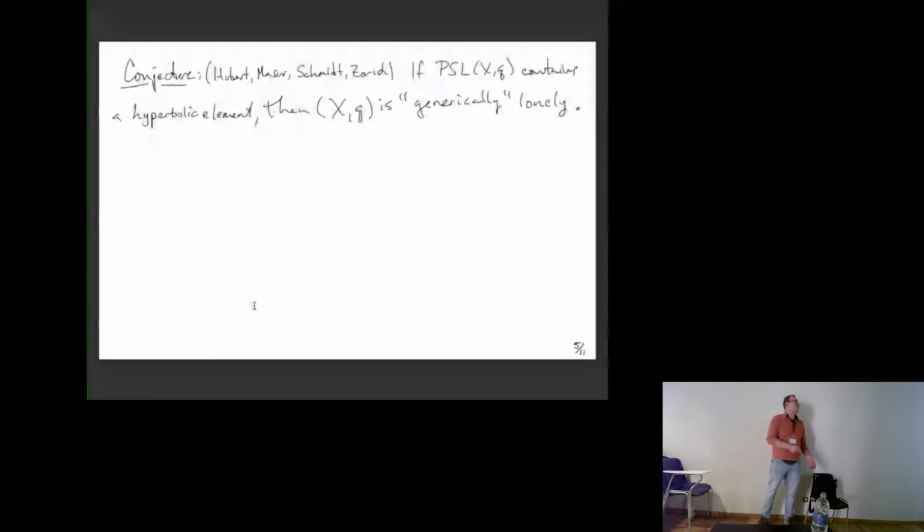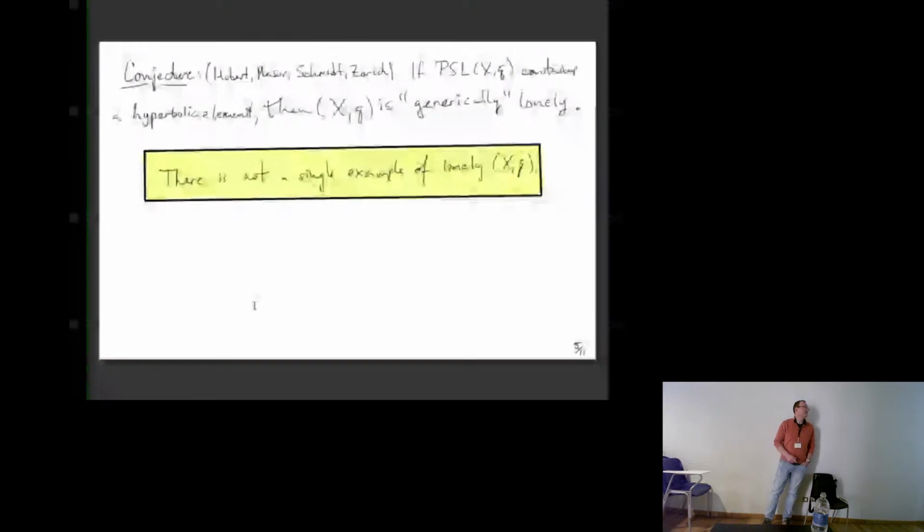You might say, what does it mean to be generic? Well, who knows? But there's not a single example of a lonely (X,q). How can that be? Kind of a depressing state of affairs. So really, I would be happy just to see a single example. And I think if you could find a single pseudo-Anosov that virtually generated its affine group, that would probably be of interest to lots of people.